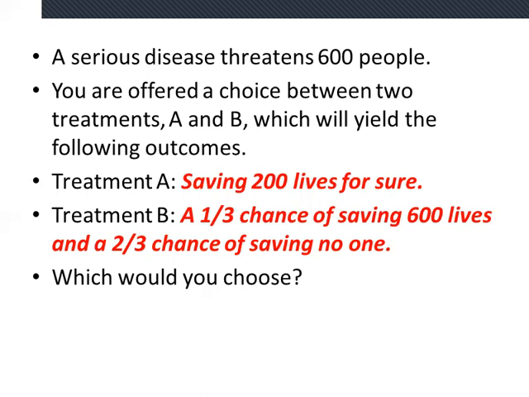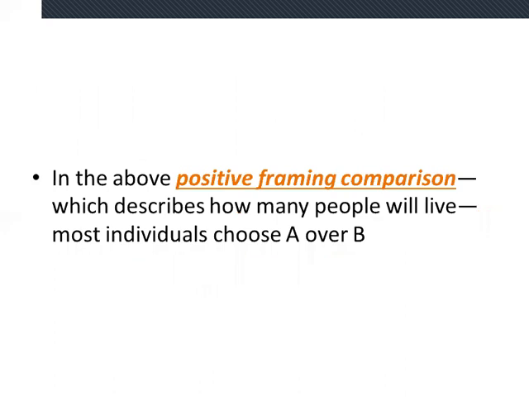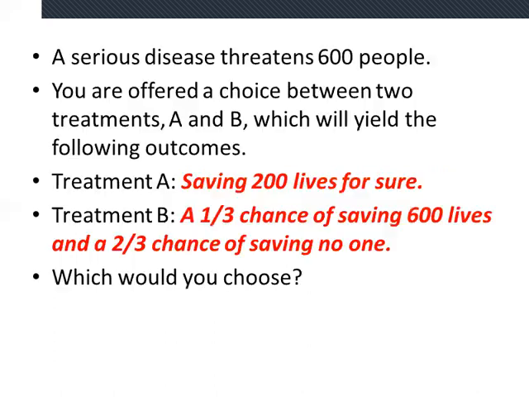That's the question. Definitely, we will choose treatment A because it clearly says that it will save the life of 200 people out of 600. It's a very, very positive framing. In the above positive framing comparison, which describes how many people will live, most individuals would choose A over B. Why?